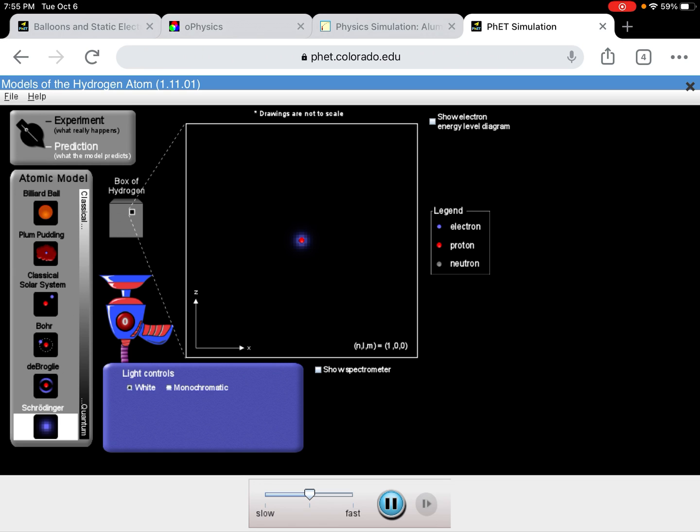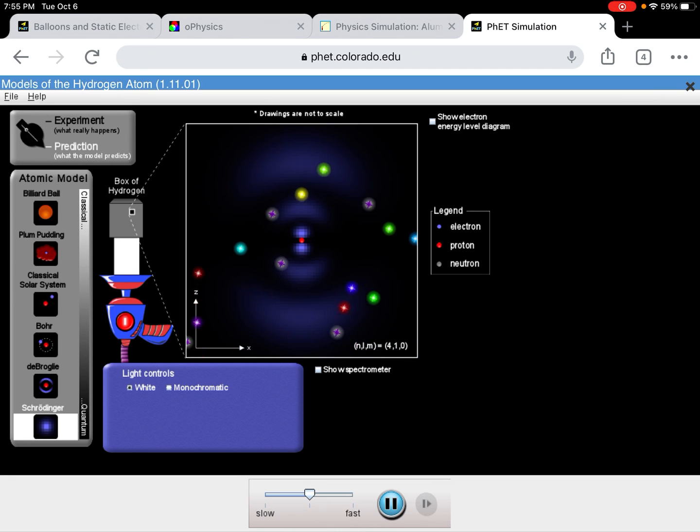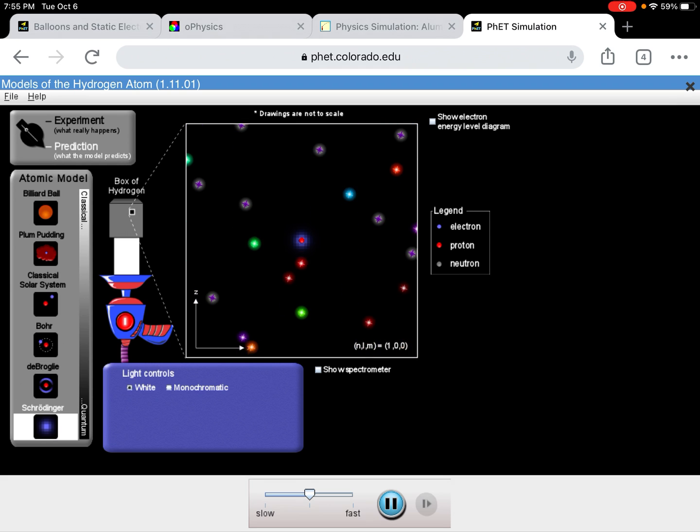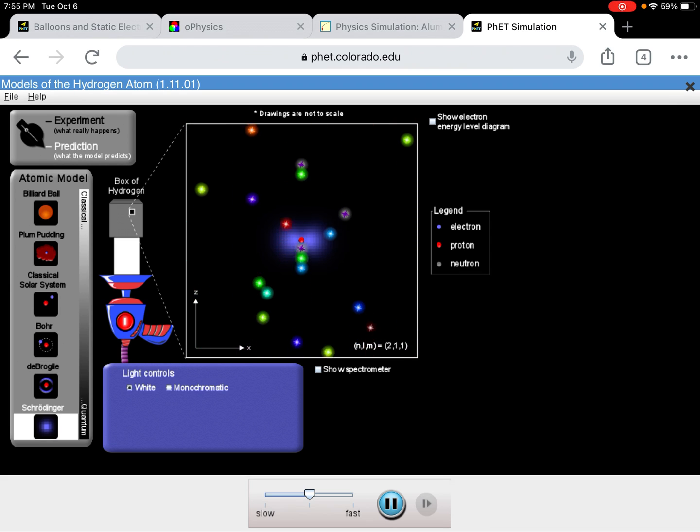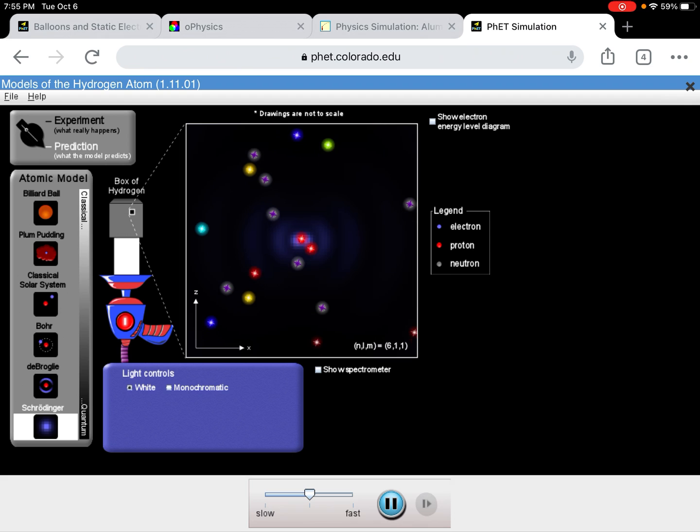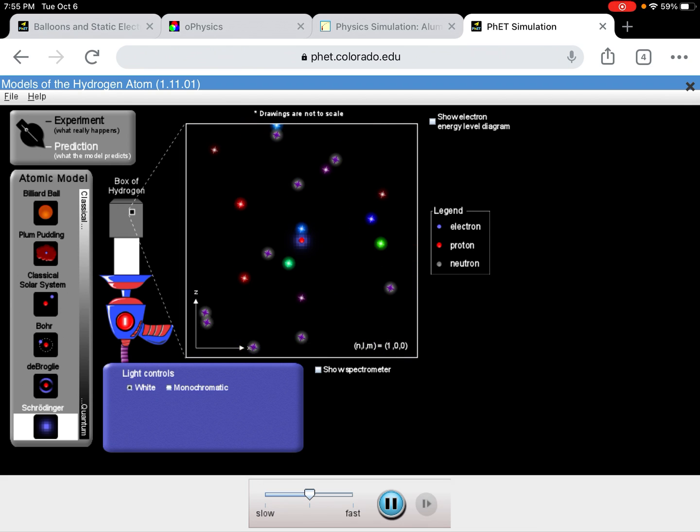And if I shine light on this atom, what will happen is the electron will go to higher energy levels, or it will give off a photon when the electron drops down to a lower energy level.